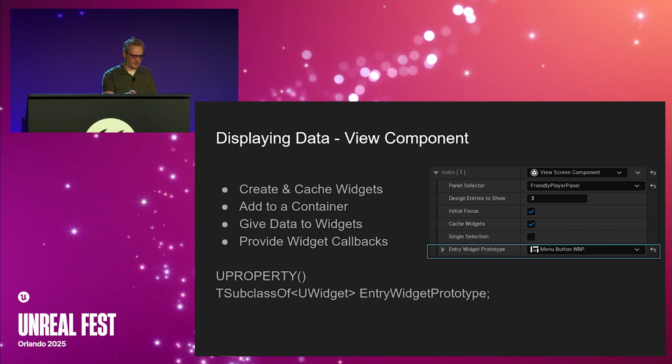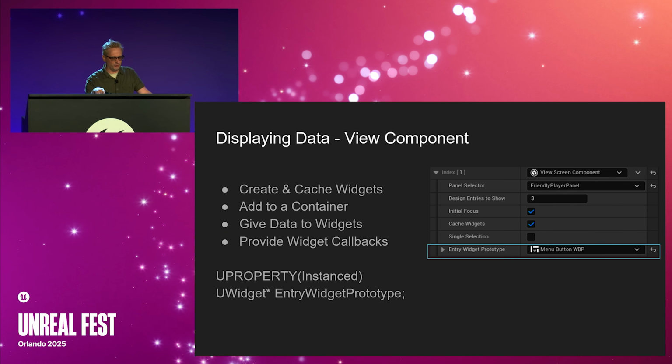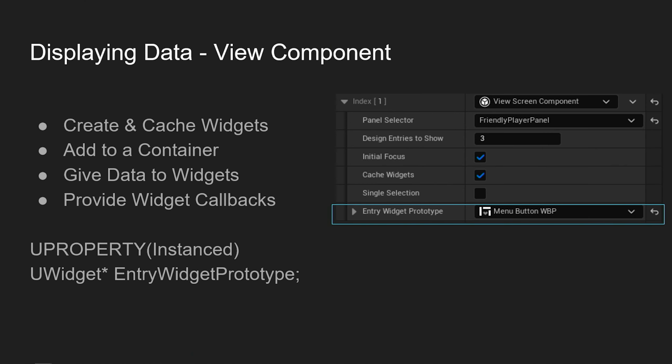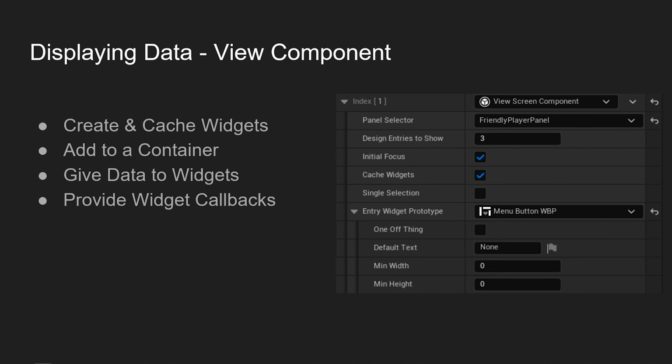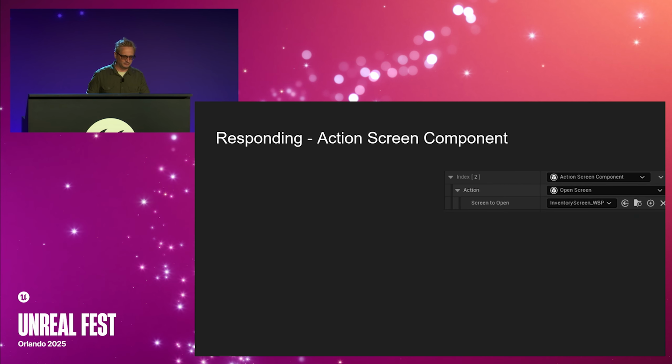But there's a little caret there, and what that means is that this is actually an instance of a widget. What this allows for is that if you click the little caret, you get all the variables that widget has. So if you have a screen where, say, you need this widget to do a one-off thing, you can just set it there in the editor. This is a little more flexible than just choosing a class.